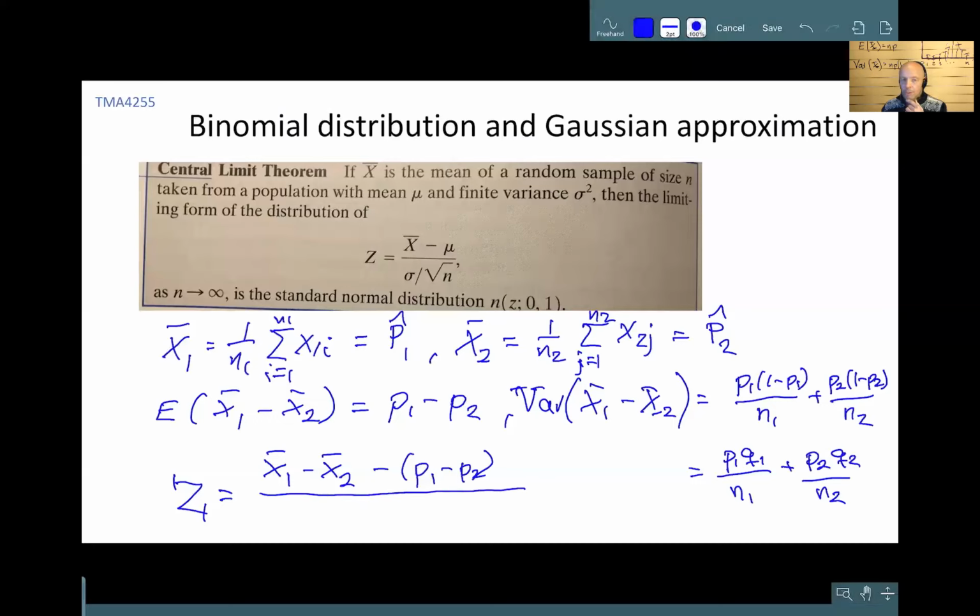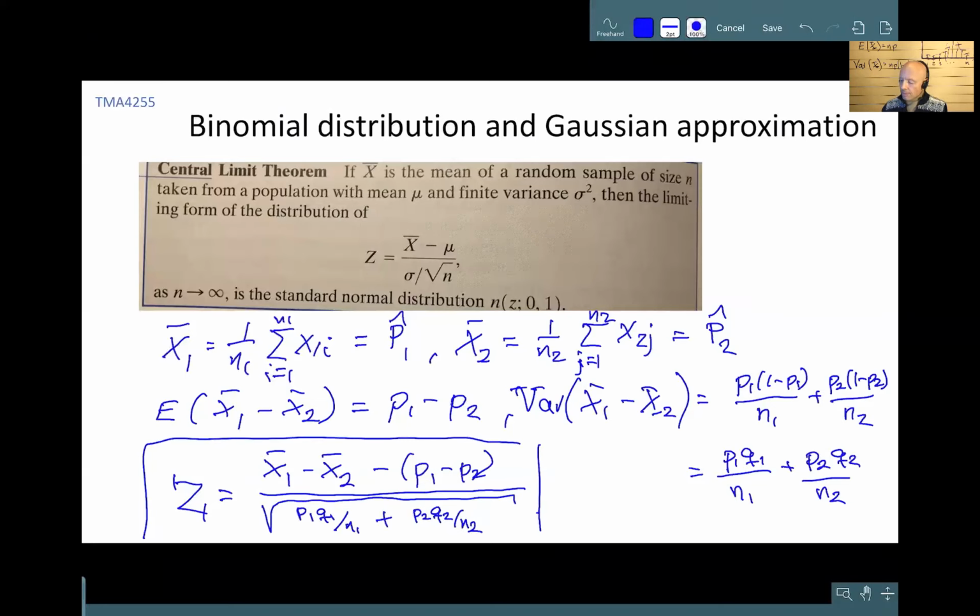And then we have to divide by the square root of the variance, which is then P1 Q1 divided by N1 plus P2 Q2 divided by N2. And this will be approximately Gaussian distributed according to the central limit theorem.